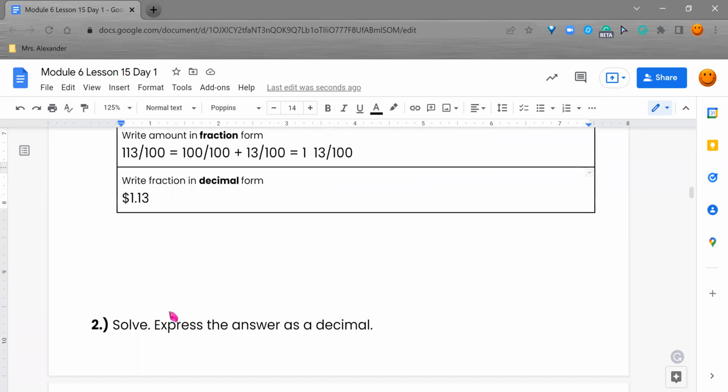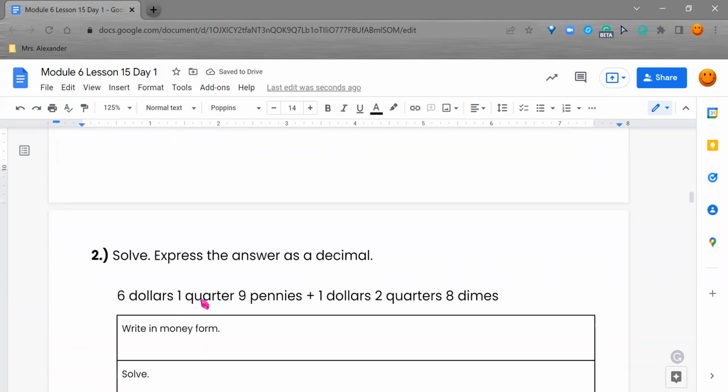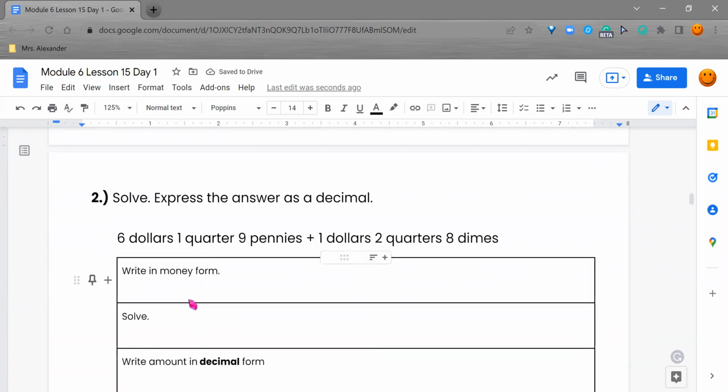Okay, let's keep going. We're going to solve and express the answer in decimal form. So write in money form. Right here, to write it in money form, I'm going to put the dollar sign. It says $6 plus, we have a quarter, 0.25 plus, it says 9 pennies, 0.09.